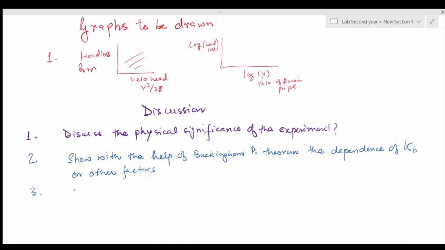We have only done the experiment for three easy bends, but let us see if you can make certain ideas regarding why bend coefficient for easy bend is not equal to the bend coefficient for sharp bend. You can read in the book also and get some idea about how to do it. Okay, that's all for this lab.